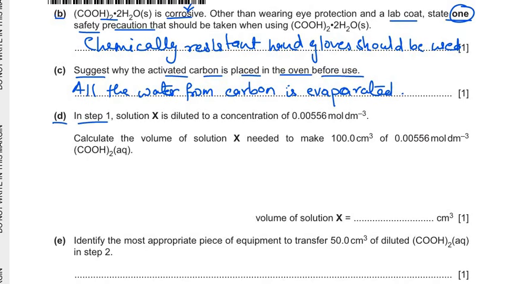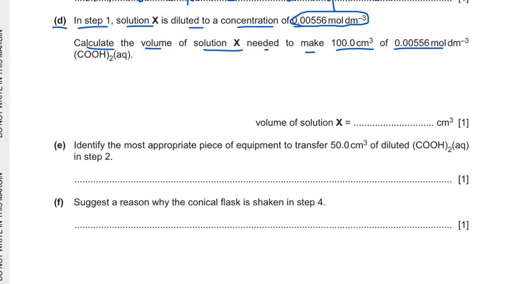Now in part D, in step 1, solution X is diluted to the concentration of 0.00556 moles per dm cube. So this concentrated solution is diluted. Now here it says calculate the volume of the solution X needed to make 100 centimeter cube of this diluted concentration.